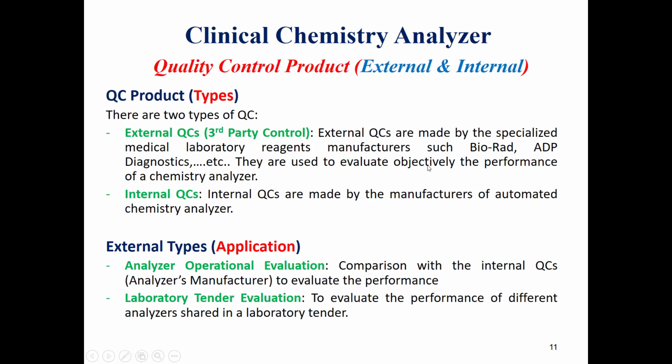What do we mean by objectively? Usually the manufacturer of an analyzer will make a quality control which will be a little bit suitable for its analyzer, and this will be considered semi-objective or partially objective, whereas the external quality control manufacturer will be considered purely objective in this case.